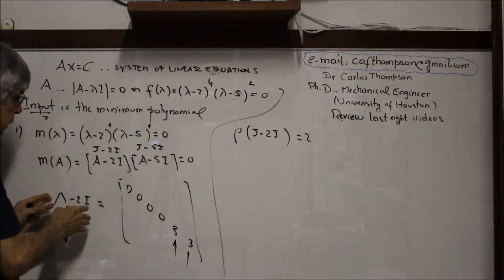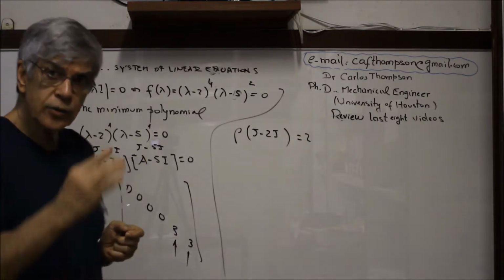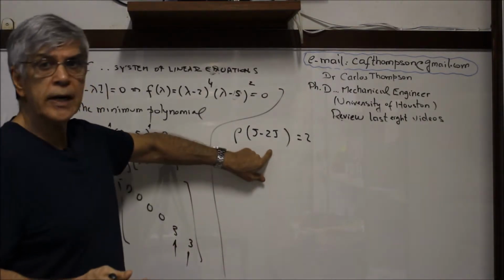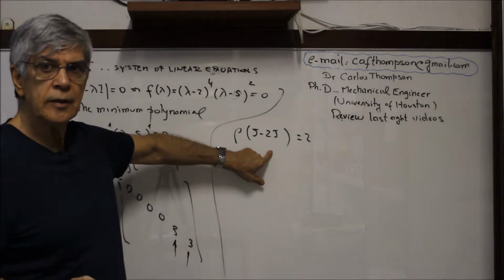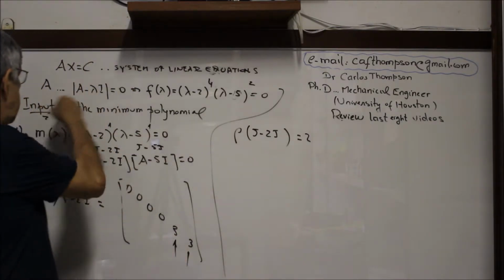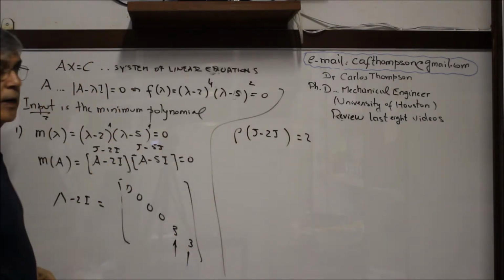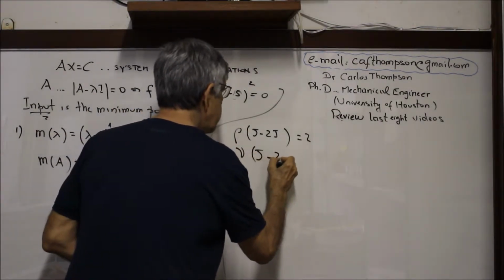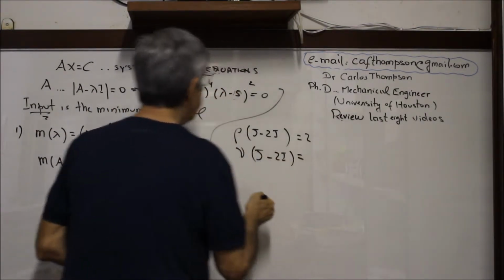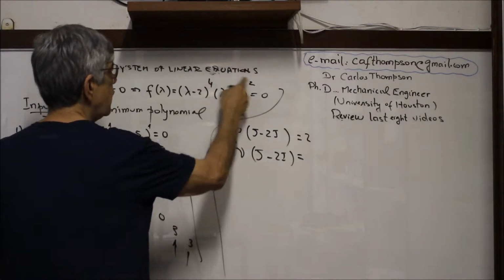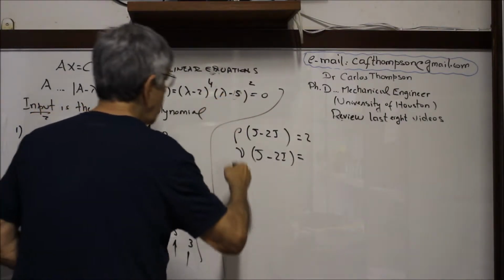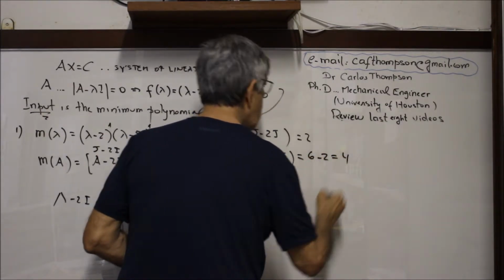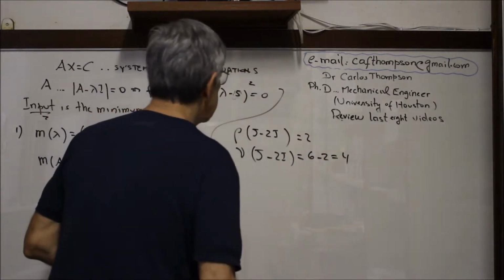The difference between this video and the last two videos is this. Before, the rank was the input. Now, the minimum polynomial is the input. You see, from here you have ni of J minus 2I. Now, this is a 6 by 6 matrix. So it's 6 minus 2, which is 4, in this case.